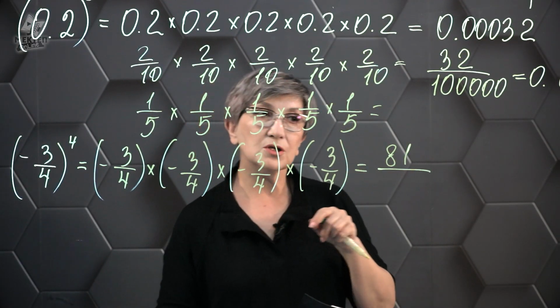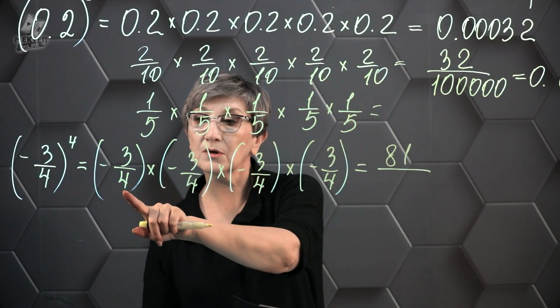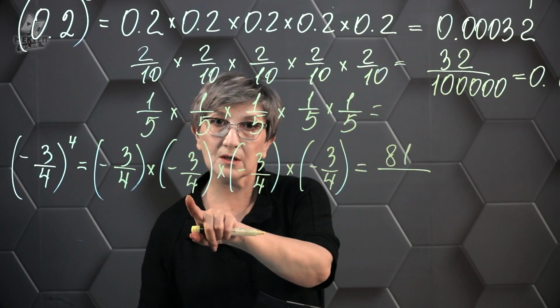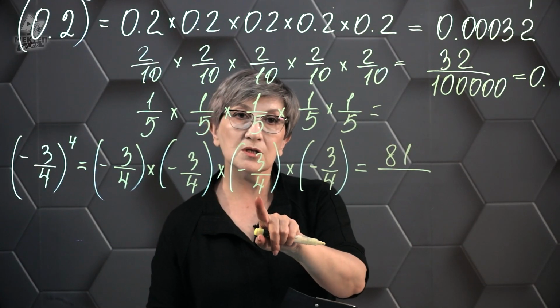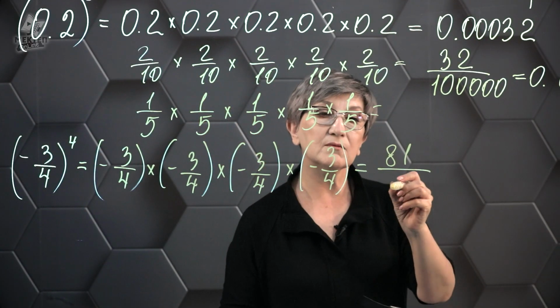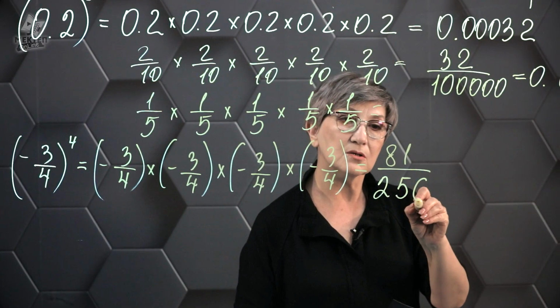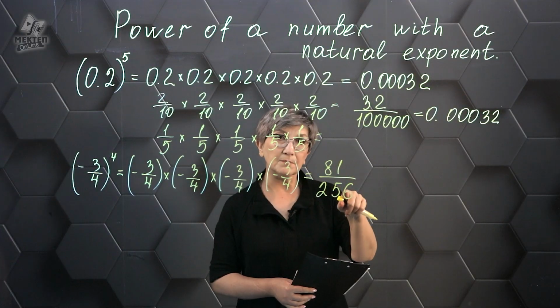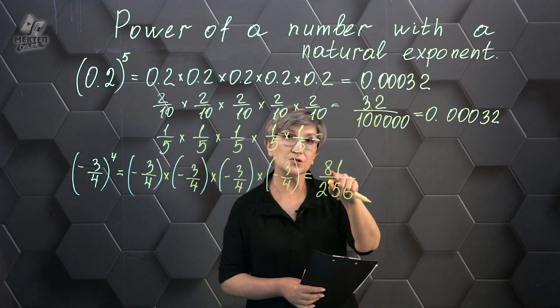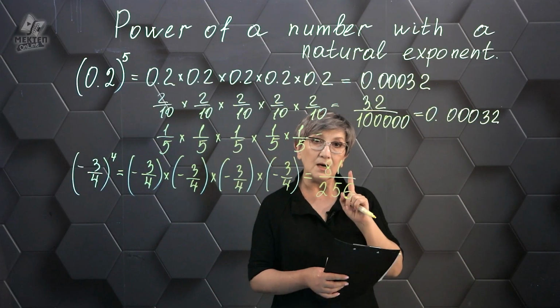When I multiply 4 by itself 4 times, I get 4 times 4 is 16, multiplied by 4 is 64, and then 4 times 4 again, the result is 256. The result is a fraction wherein the numerator is 81 and in the denominator is 256.